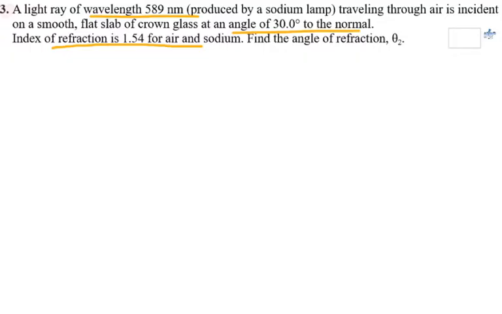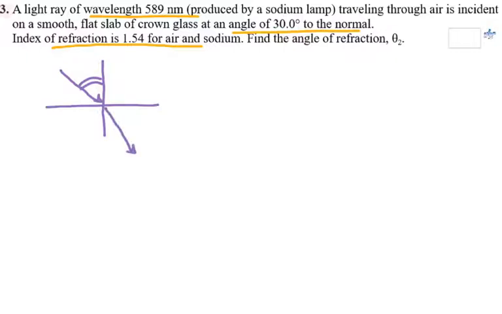So in this question, they say that the wavelength of 589 nanometers produced by a sodium lamp traveling through air is incident on a smooth, flat slab of crown glass, and the incident angle is 30 degrees with the normal. So you have light coming in, and this is the normal, so here is 30 degrees, and then it's going to be refracted.